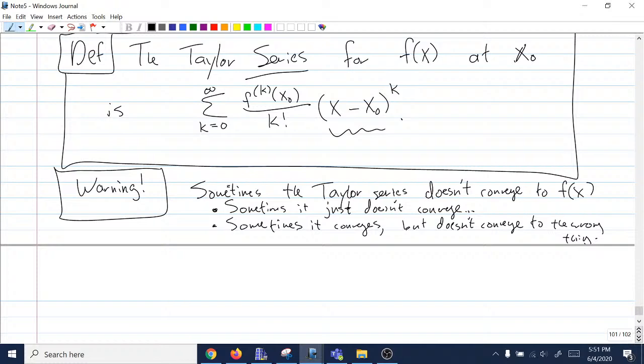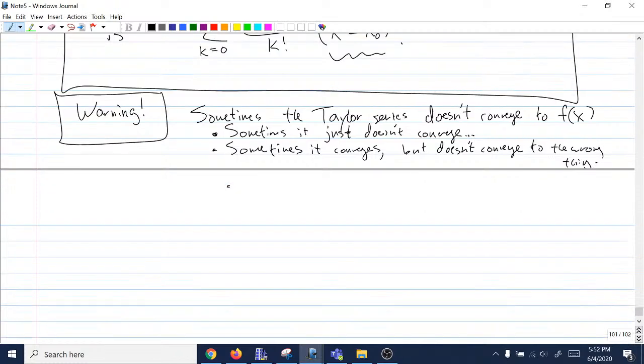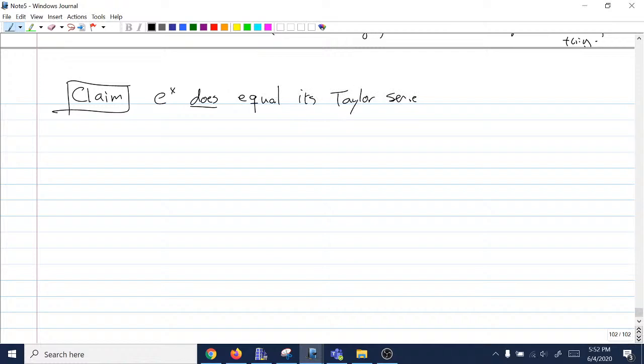We want to be careful not to treat them as interchangeable. But we can claim the Taylor series for e to the x does converge to e to the x. It does equal its Taylor series everywhere.